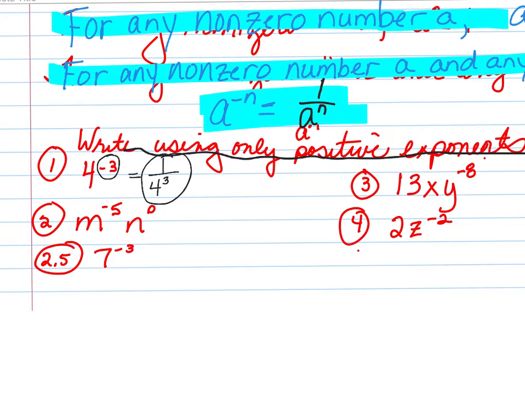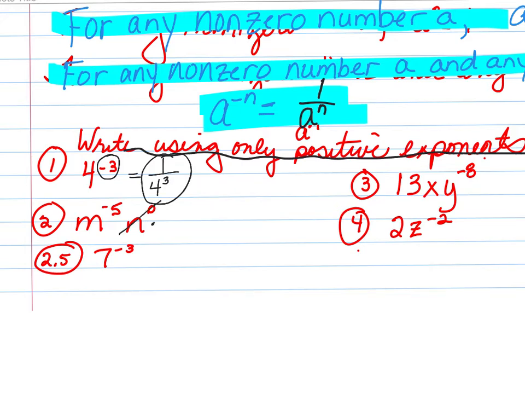Okay? Look at number 2. M to the negative 5th, n to the 0 power. Well, come on, guys. Look at that one. What can you tell me right off the top of your head? Look at it. What can you tell me? Jared? N to the 0 is 1. Yes, n to the 0 is 1.